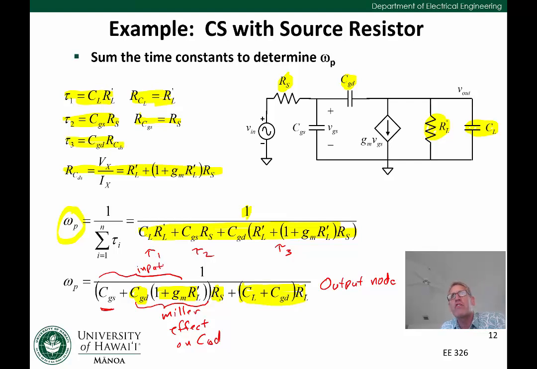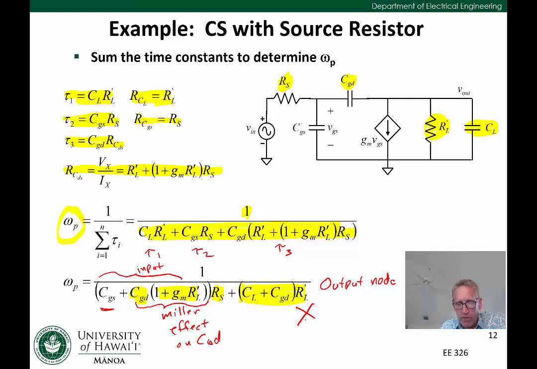So you can see we have two nodes contributing to this low frequency pole, and now either term can dominate, and it really is going to depend on which term is larger, and that's going to be largely determined by the resistance. So if we have a high output resistance like we would expect in a common source amplifier because we want high gain, then the output node is going to dominate.